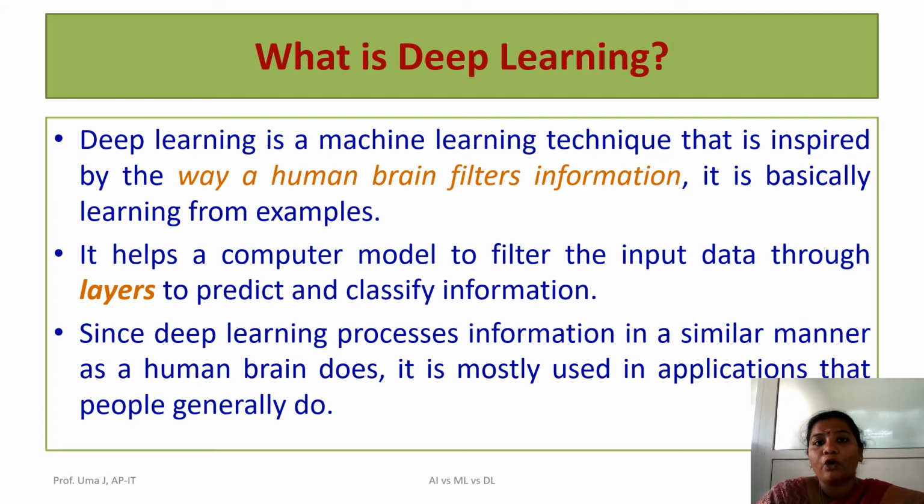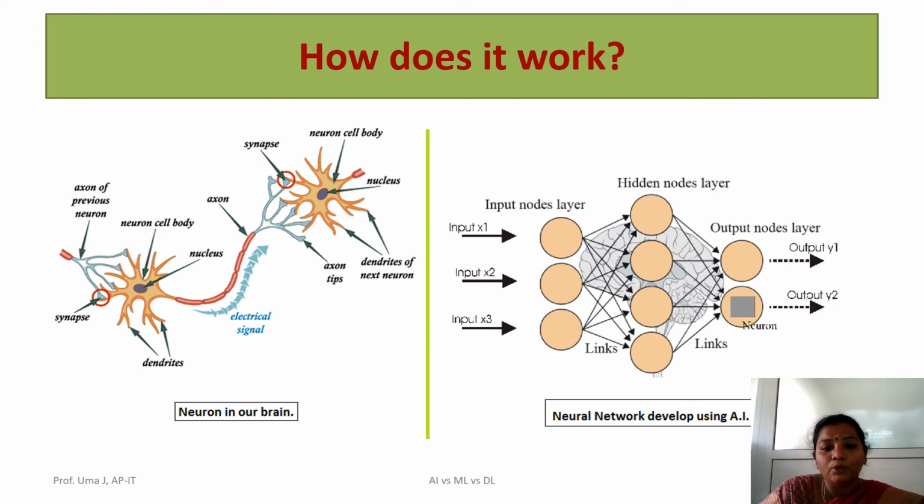Let us see the correlation between the human brain and the neural network. Here you could see the structure of a neuron in a human brain, and this is the neural network structure of a deep neural network. Here we have a neuron and another neuron, and both are connected through an electric signal. Similarly, we have an input layer and a set of hidden layers between the input layer and the output layer.